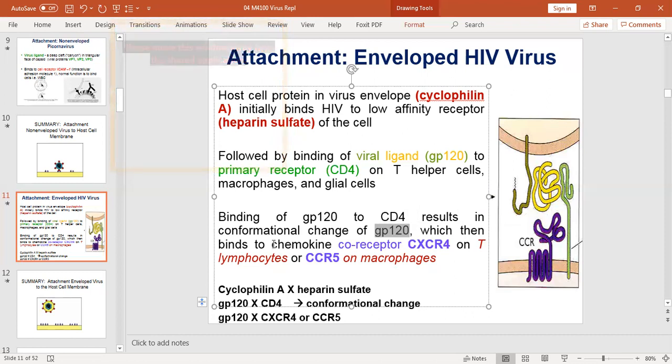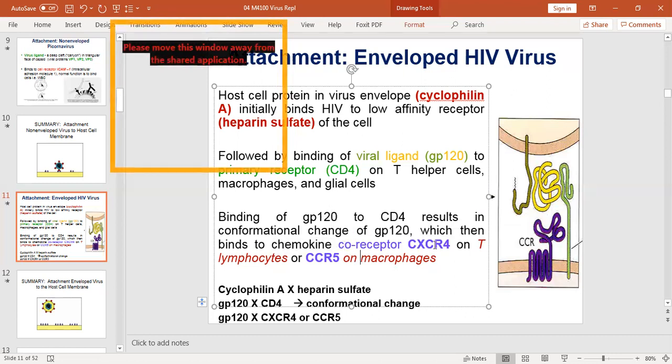It can either bind to chemokine co-receptor called CXCR4 expressed on T lymphocytes, or it can bind to another co-receptor called CCR5 that is expressed on macrophages.